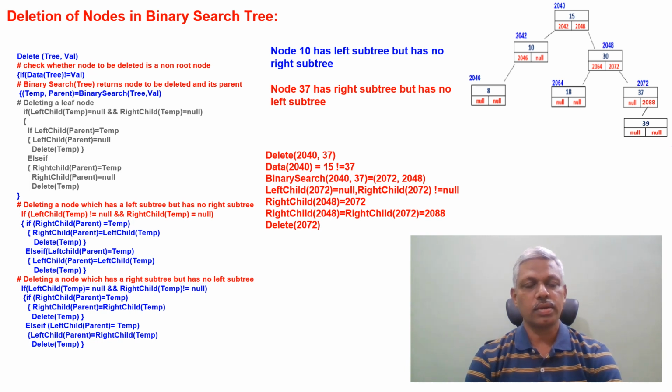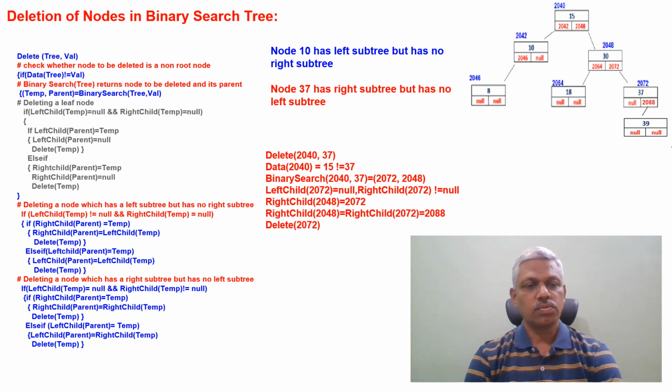Left child of 2072 is null and right child of 2072 is not equal to null. That's a right subtree for this, and right child of 2048 is equal to 2072. That means this is the right subtree for the parent.